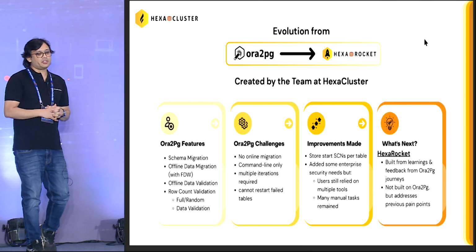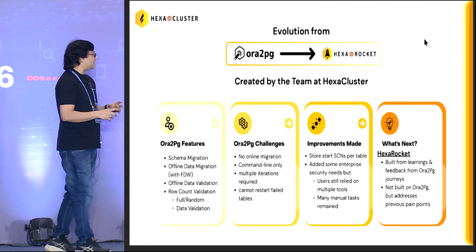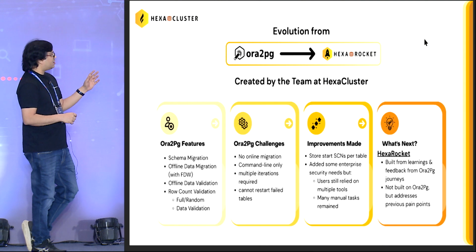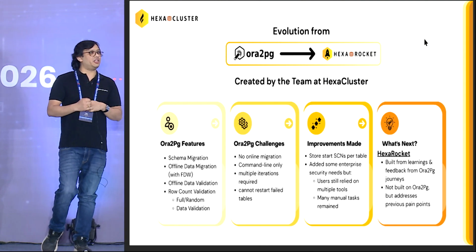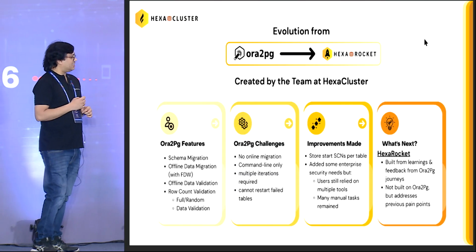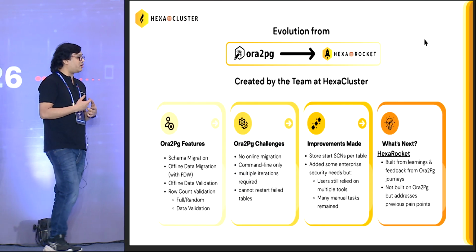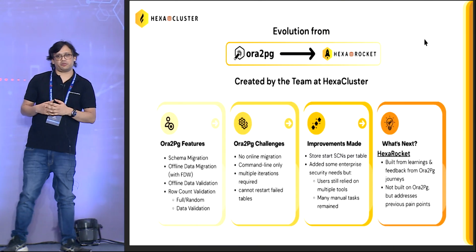Talking about the Ora2Pg challenges that we always faced: no online migrations, command line only, right? If you have any failures, the ability to restart your migration from the point where it failed had some challenges too. And we did make some improvements to Ora2Pg, right?